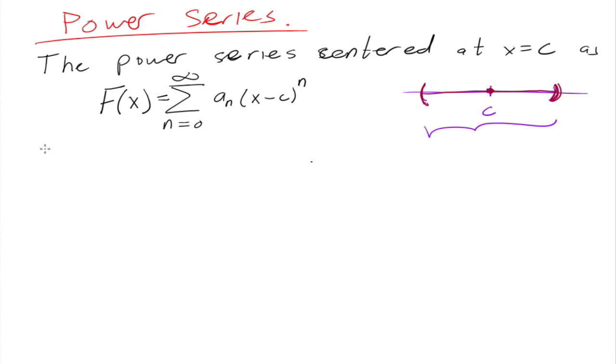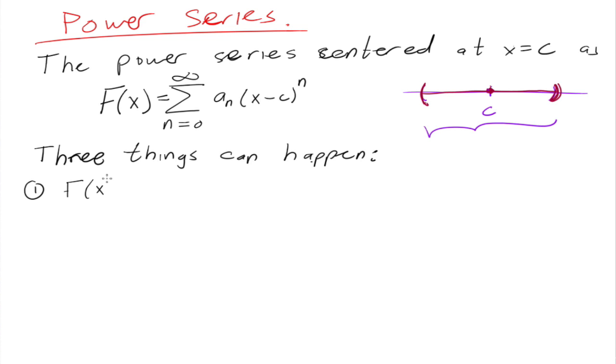So three things can happen regarding convergence. The first thing that can happen is that f of x only converges for x equals c. This is a pretty bad situation.